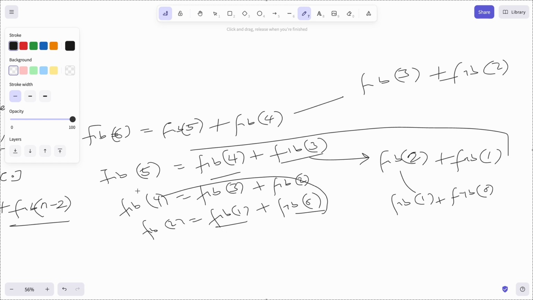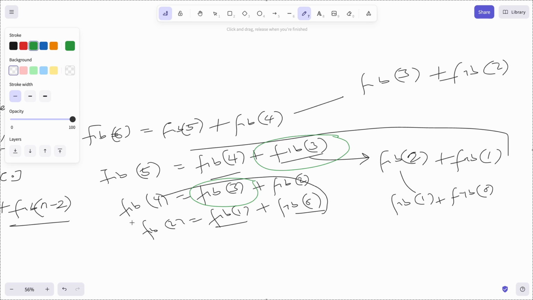Now the problem is, in solving for 5, we break it down into 4 and 3, so we first solved for fib of 4, then come back to solve for fib of 3, and go down the path again. But do we notice that somewhere along this path, instead of attempting to solve for fib of 3, we solved for fib of 3 at some point before?